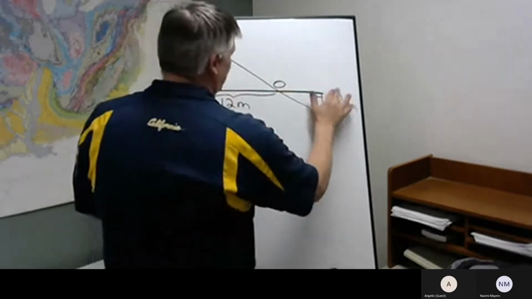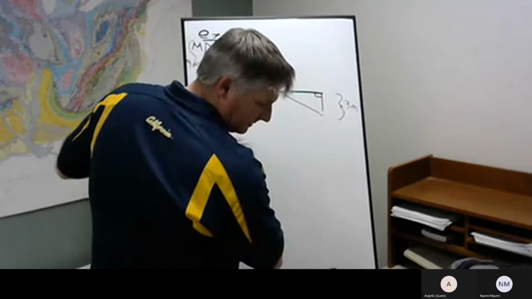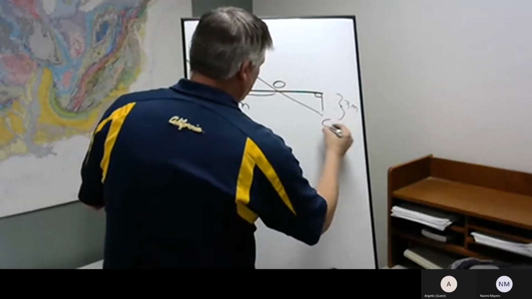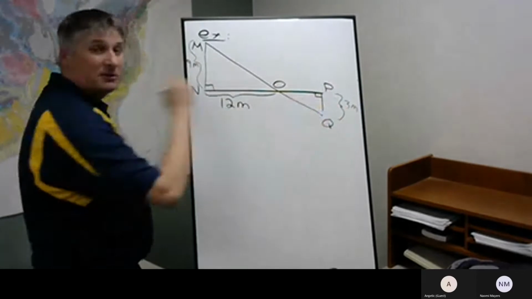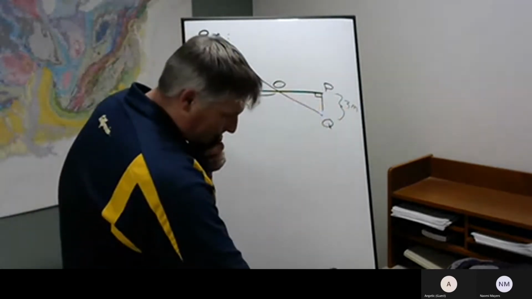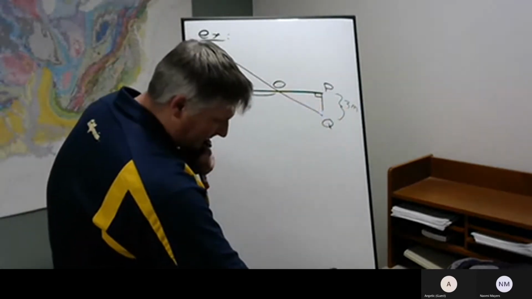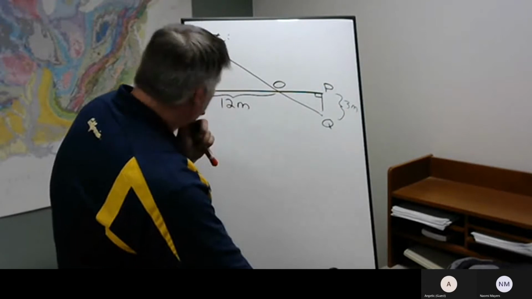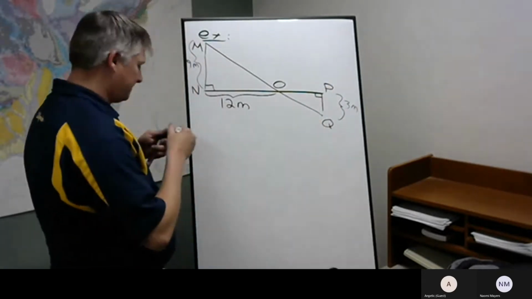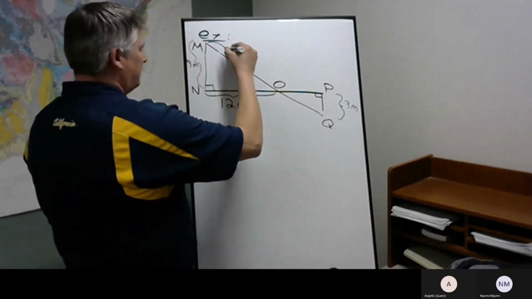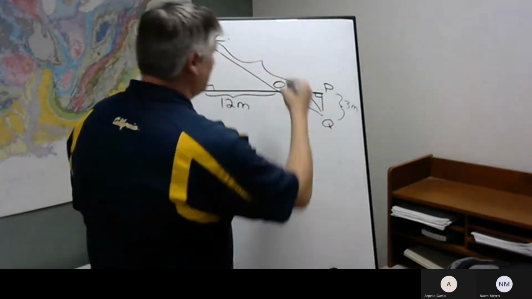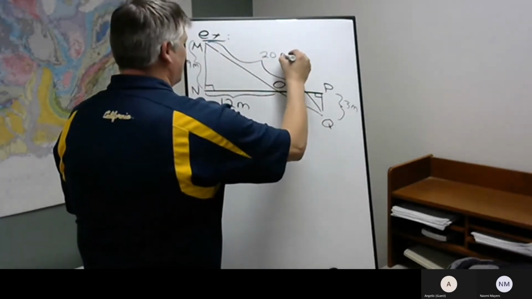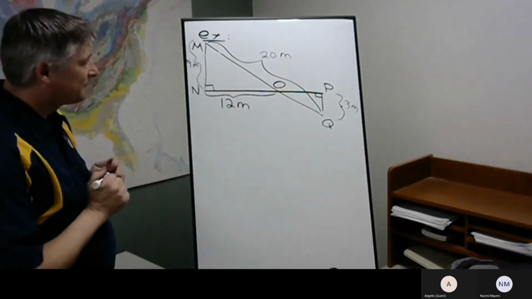Oh dear, sorry, let me go Q here and P here. Switch these two, put P on top, Q on bottom. Okay, double check. Okay. So you got your P and your Q. And then from M to Q, 20 meters.